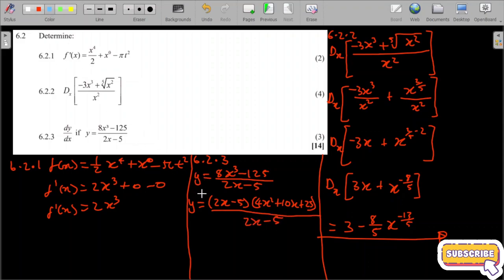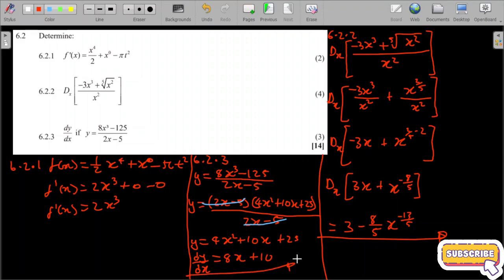Now 2x minus 5 cancels 2x minus 5, and then my y here is just going to be 4x squared plus 10x plus 25, and then deriving this is just going to be my dy over dx, which is just going to equal 8x plus 10, and then this is my derivative.